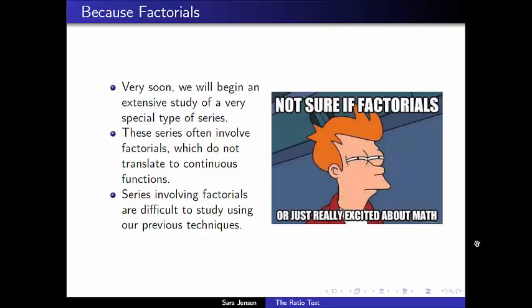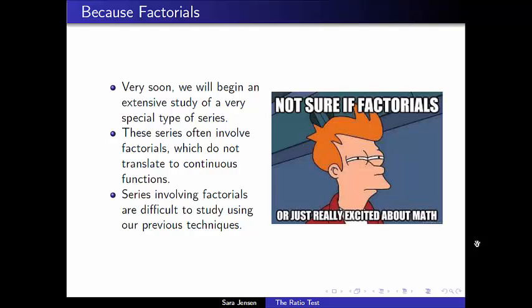Factorials are really only a thing that at this level makes sense when we're taking a whole number like 5 and looking at 5 times 4 times 3 times 2 times 1. The idea being we take the number we're at and we multiply by 1 less than that until we reach 1. If we were to try to extend the idea of a factorial to something like pi, what does it mean to compute pi factorial? We'll never reach 1 by subtracting 1 from that initial value repeatedly.